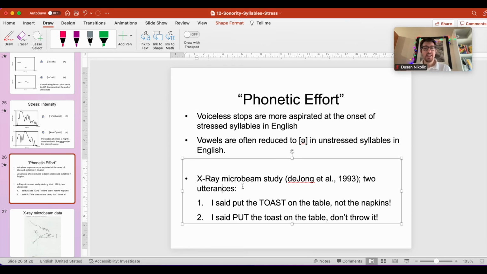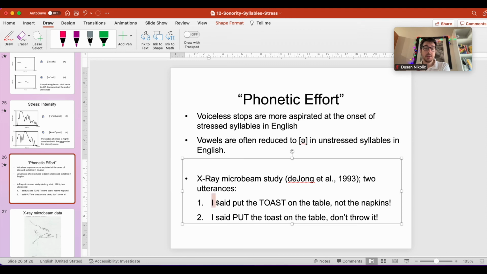Usually, okay? And there was a study by De Jong, I think he was Steve's colleague, who used X-ray microbeams. In this study, the target was the T on put. So this was the target: how the T differs when it's not stressed and when it's stressed.